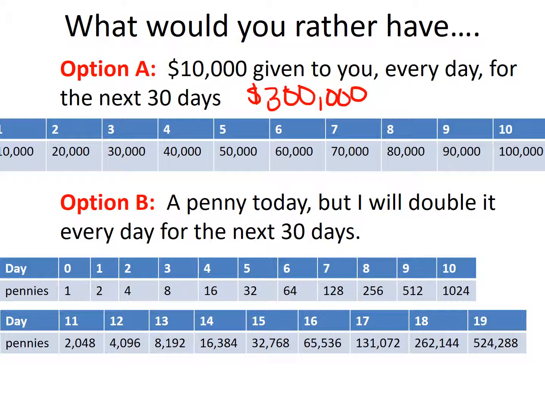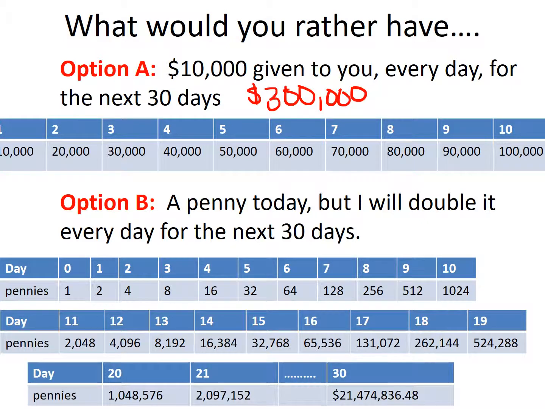At 19 days, we'd have 524,288 pennies. And if we keep doing the math, on day 30, you guys, we would have $21,474,836.48.